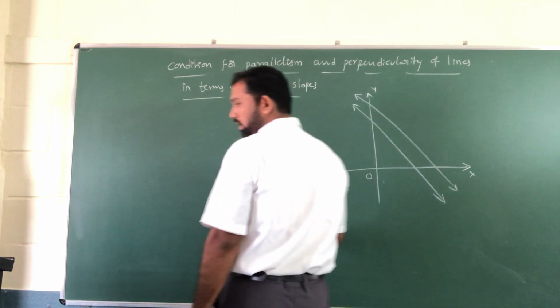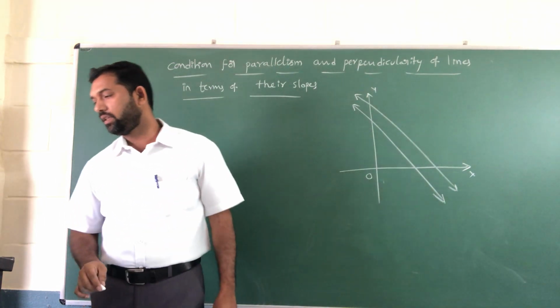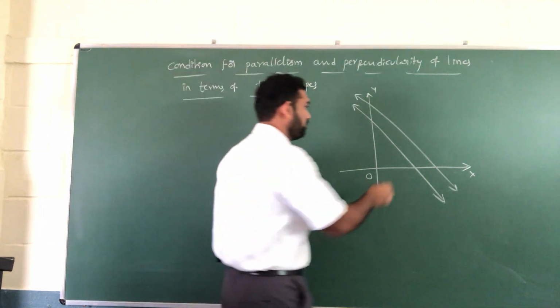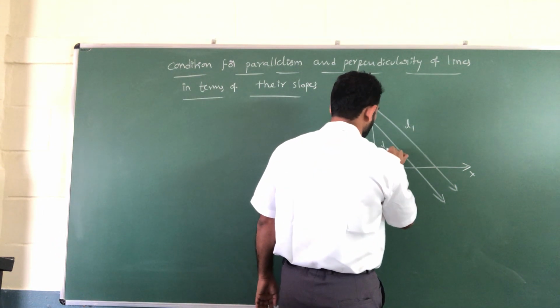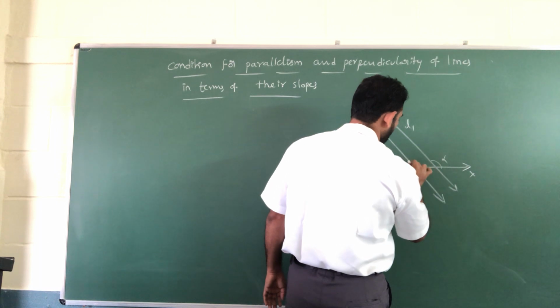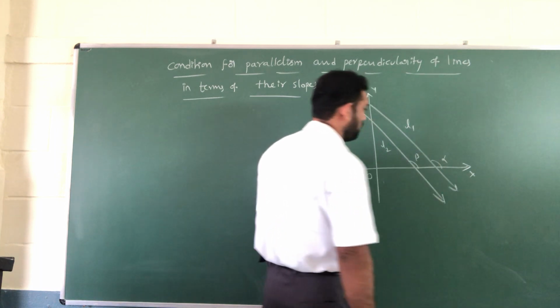Two lines I have considered, that is L1 and L2. This angle is alpha, this angle is beta.